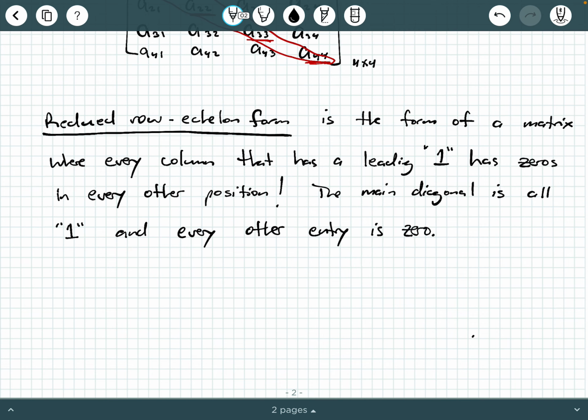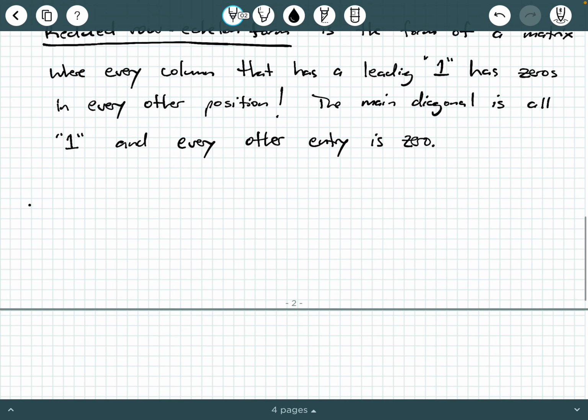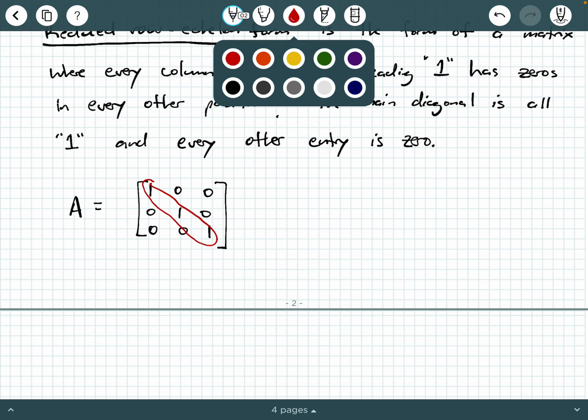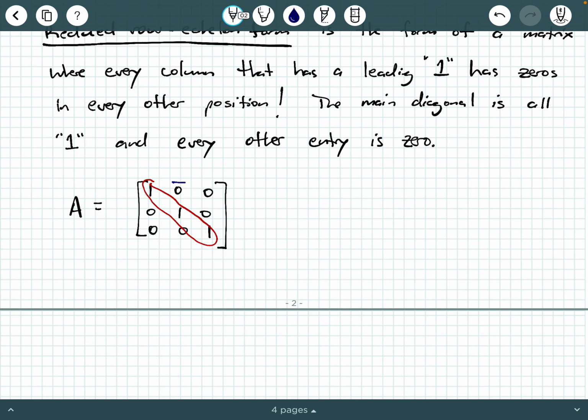So let's look at an example of this. Let's say we have matrix A here. Let's say we have 1 0 0, 0 1 0, 0 0 1. This is an example of reduced row echelon form. Okay, so notice that the main diagonal is all ones, and then notice every other entry is all zeros.